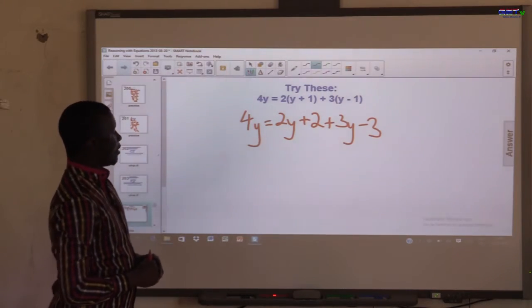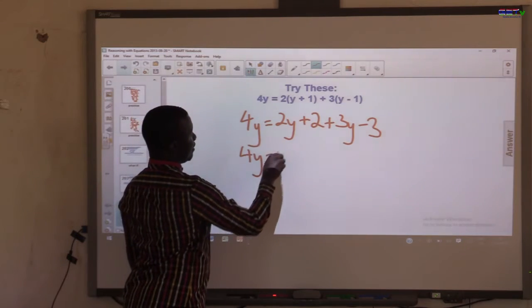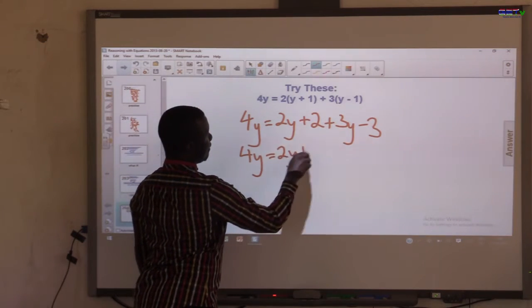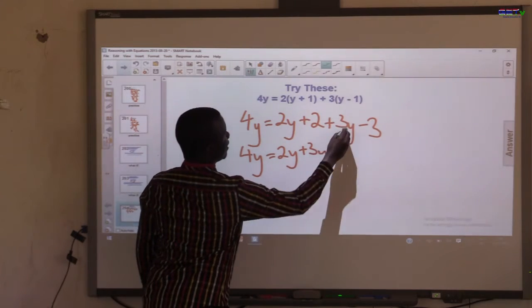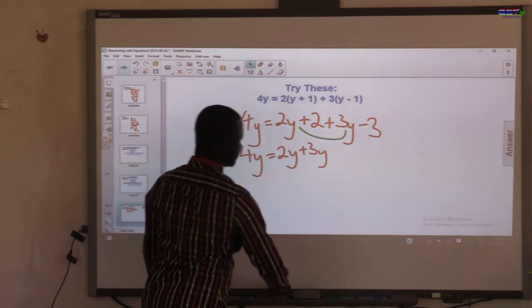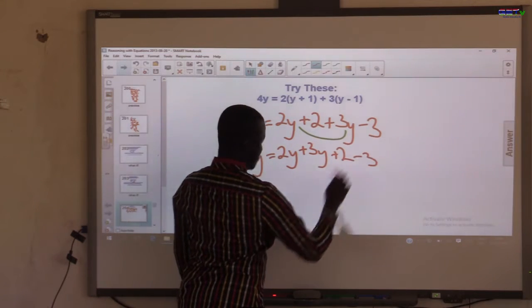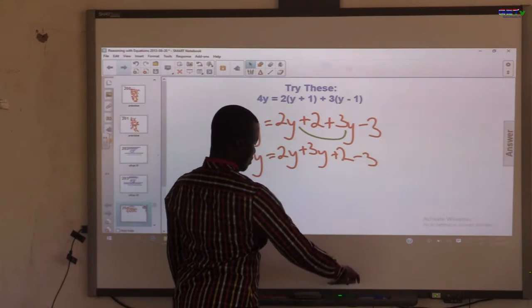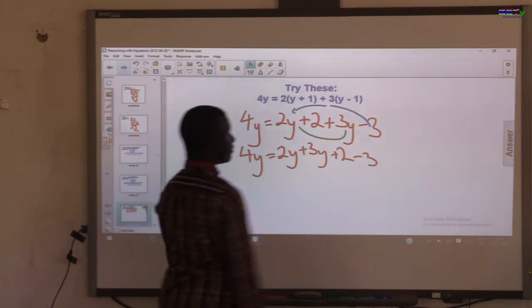Now we will rewrite our equation to simplify it further. We have 4y is equal to 2y plus 3y, bringing the 3y closer to the 2y, plus 2 minus 3, because they are whole numbers, bringing them closer to each other as well.